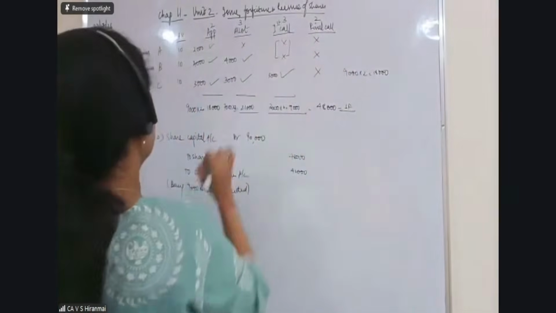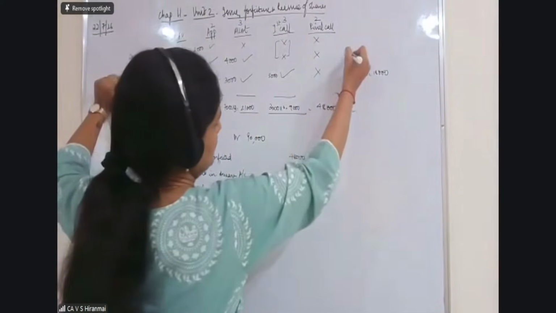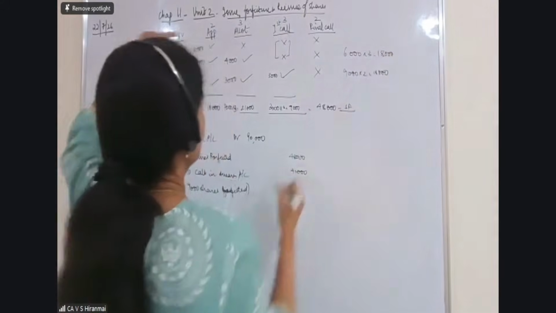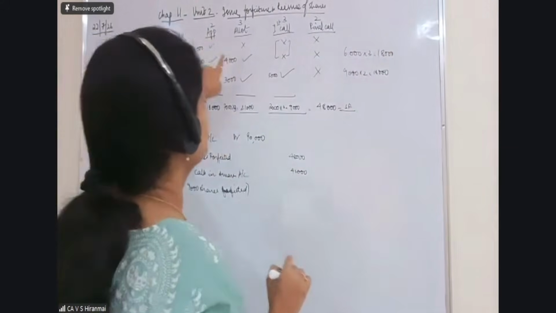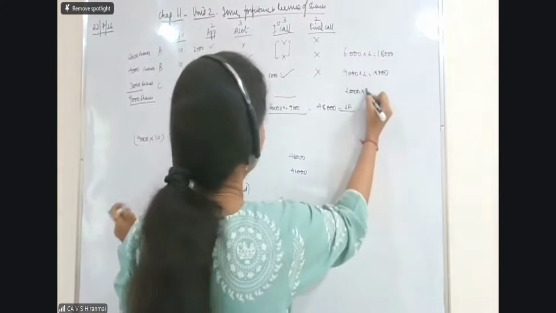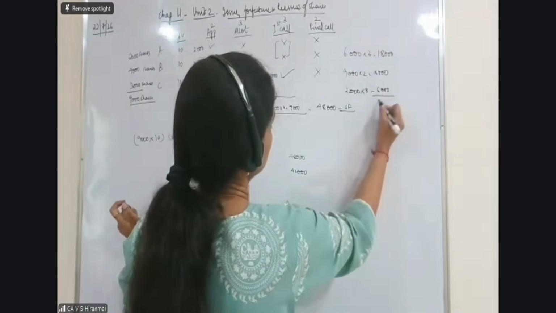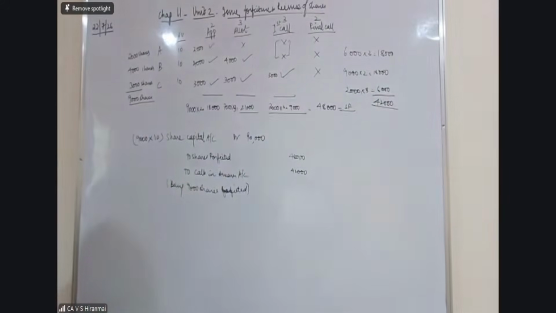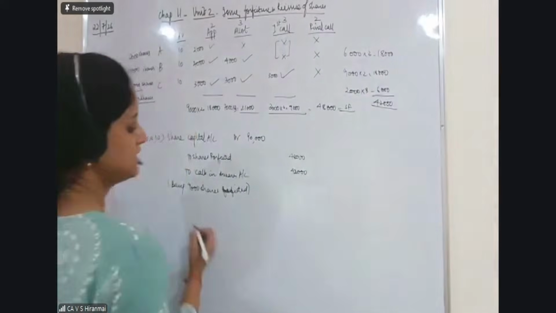And in first call, 2,000 plus 4,000, 6,000 into 3 rupees they have not paid, again 18,000. Again come to allotment. In allotment just only A has not paid. So it is 2,000 into 3 which is 6,000. So the total is 42,000. That is why you put a table like this where money is received and not received. You will get the answer.